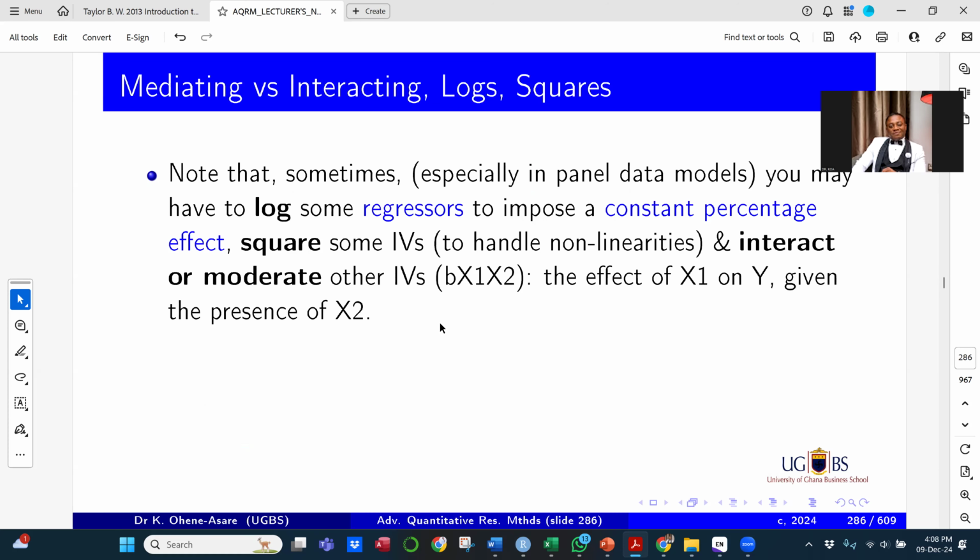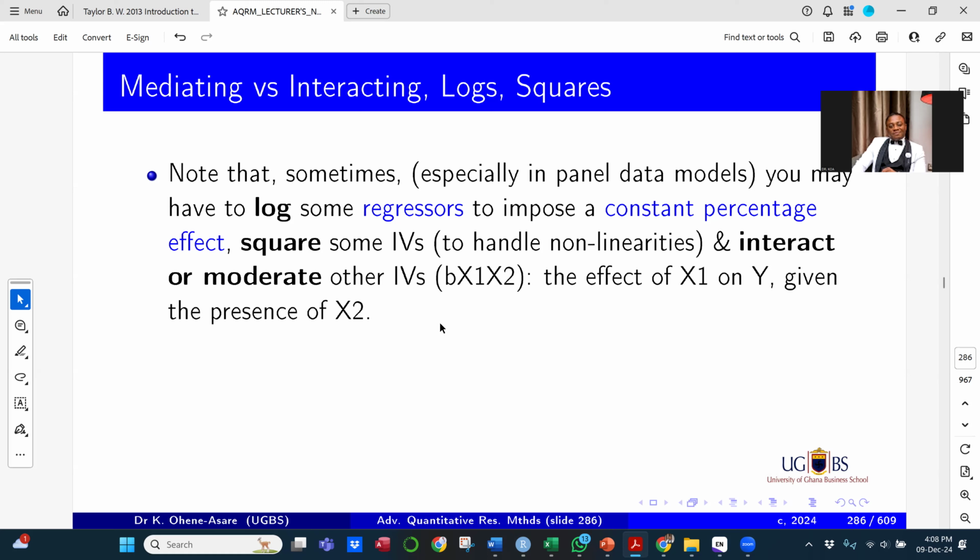Okay, now pay attention here, guys. Today is pure theory, and it's very important. Sometimes in a regression, you will have to interact, moderate, mediate some confounding variables. You would have to take the logarithm of a variable.